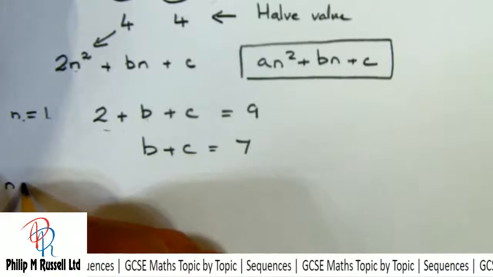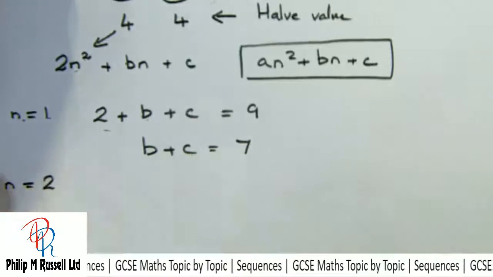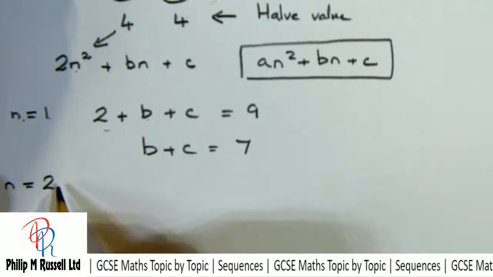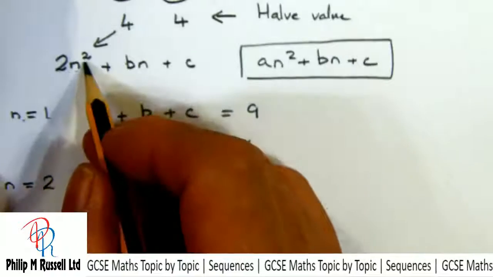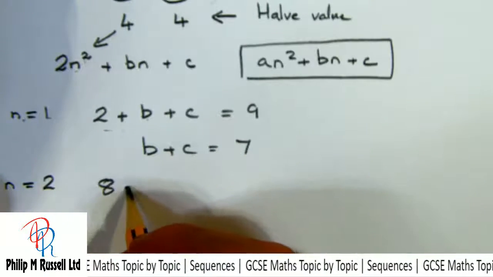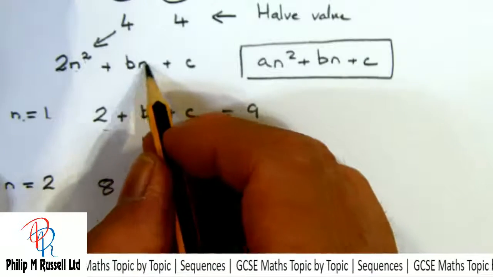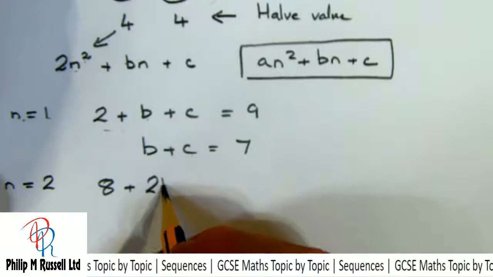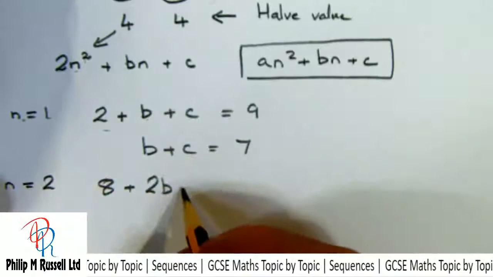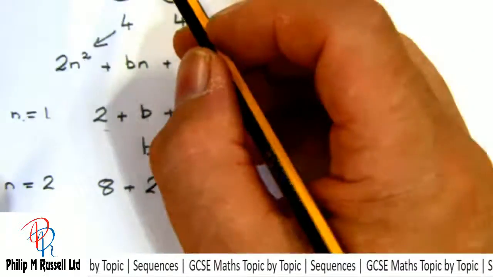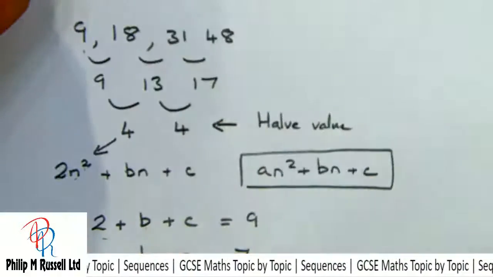Let's work out what n is when it's 2. 2 squared is 4. 4 times 2 is going to be 8, plus 2b plus c, and this equals the value of 18.